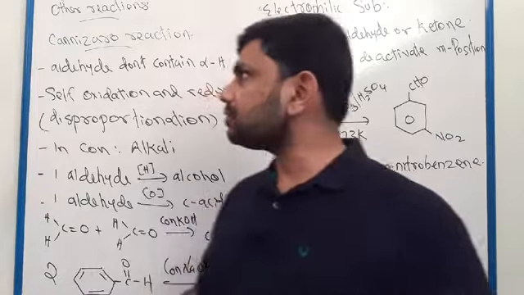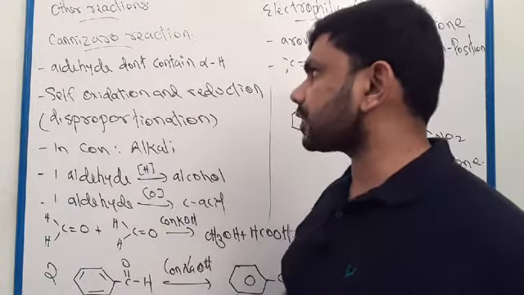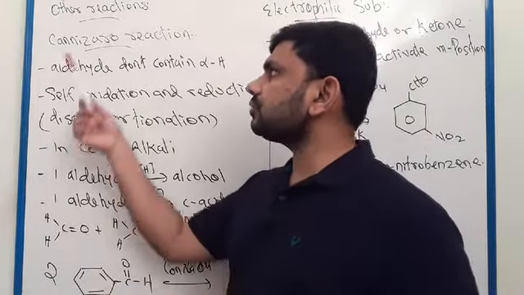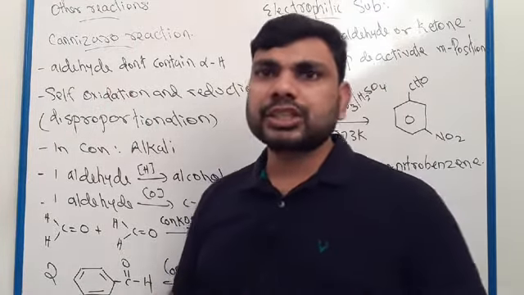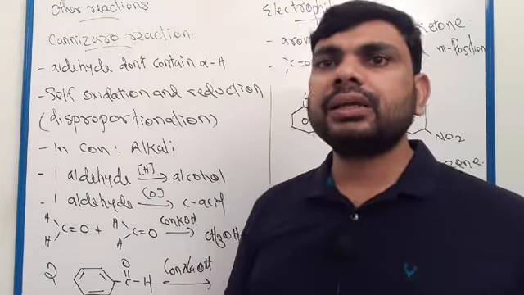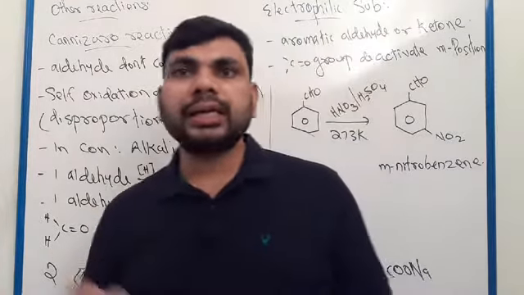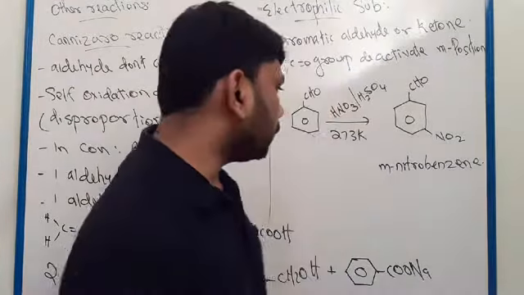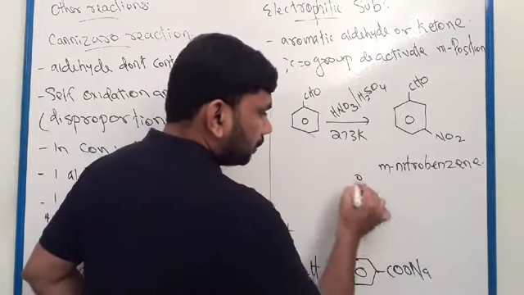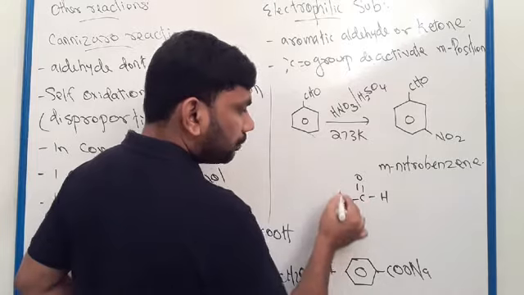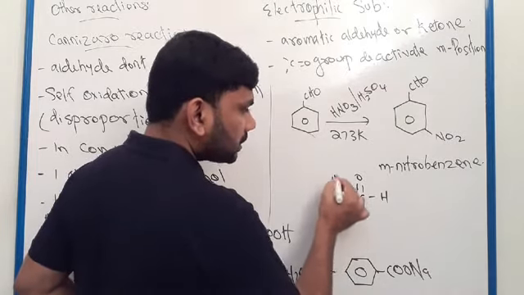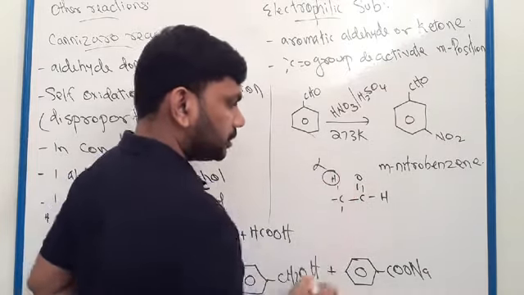Next, we have to discuss other chemical reactions. The first one is the Cannizzaro reaction. Cannizzaro reaction means aldehydes which do not contain alpha hydrogen. We know an aldehyde is carbon double bond oxygen, single bond hydrogen, and here one carbon contains hydrogen. This is the alpha hydrogen.